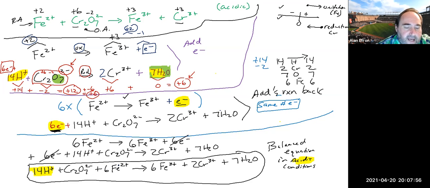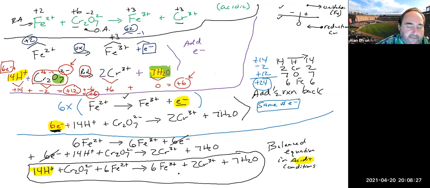There are 6 Fe2+, 6 times plus 2 is plus 12. When we add this all together, plus 14 and plus 12 is plus 26. I should get my calculator. Minus 2 gives us a grand total of plus 24 on the left-hand side of the arrow. Any questions on how I got those numbers?